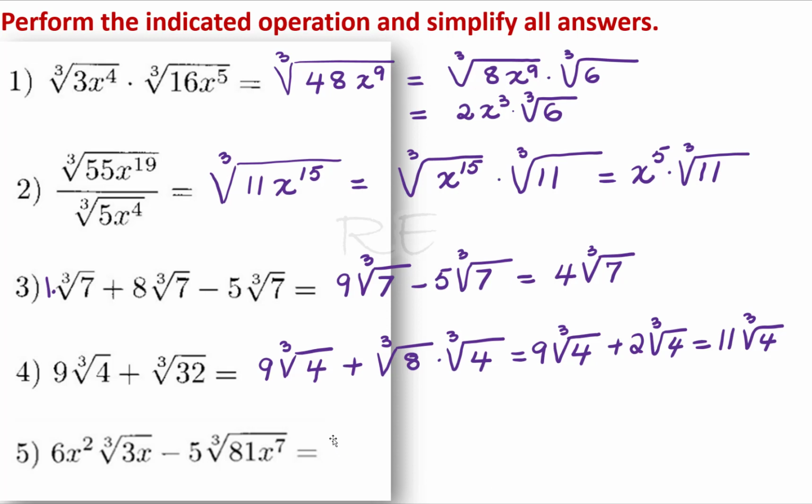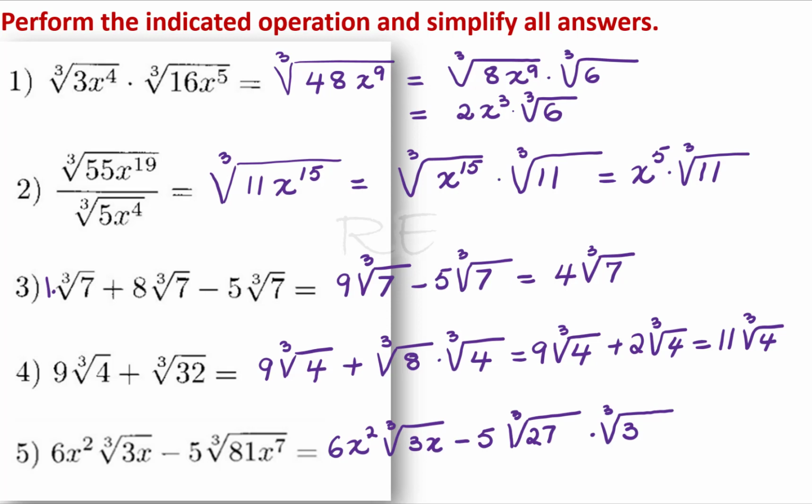6x cube root of 3x minus 5 cube root of 81x to the 7th. Well, cube root of 81 is cube root of 27 times 3. So 27 is the perfect cube.